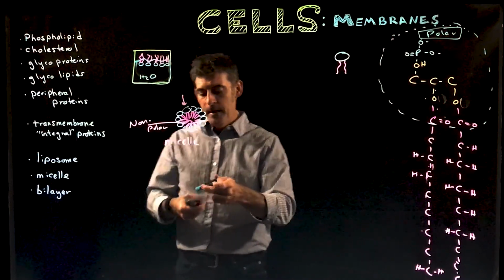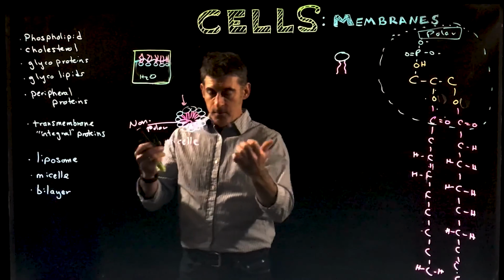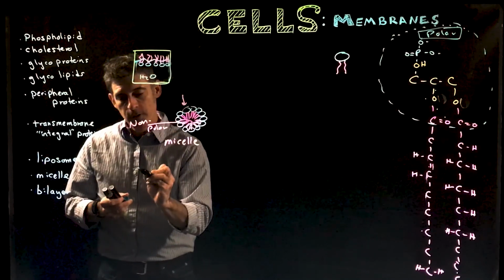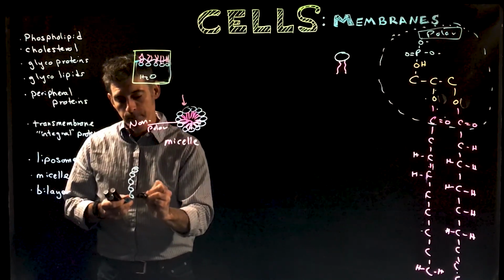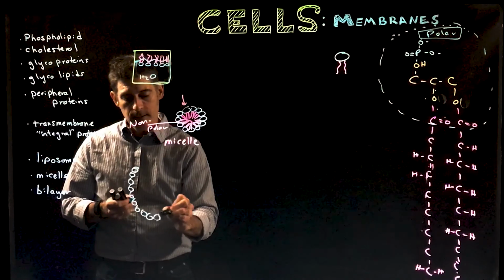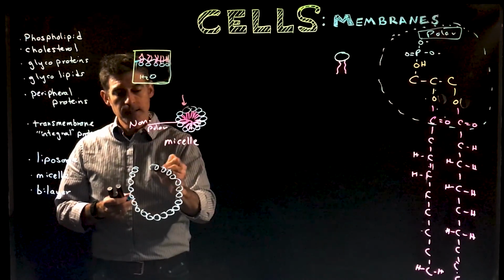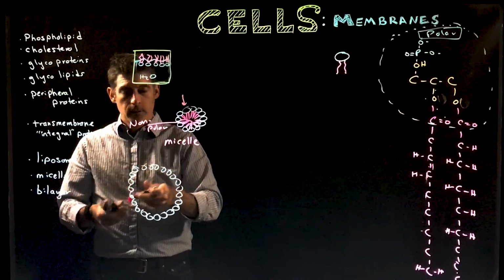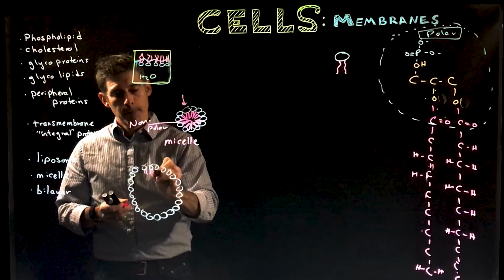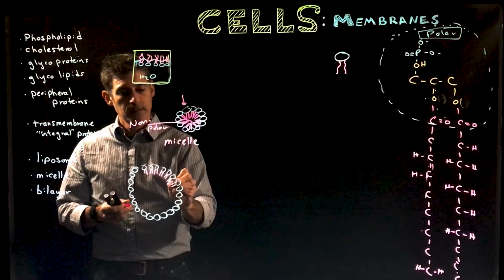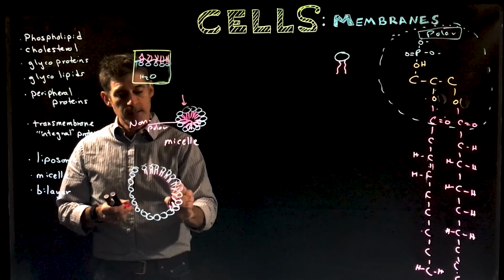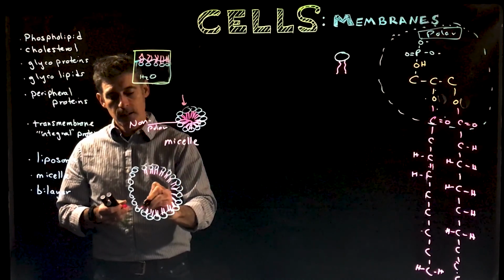Something else that will happen is that, shaking it up, we can get some larger structures to form. We could also get something like this, which looks sort of like the micelle, where we have the phospholipids, polar heads, nonpolar tails sticking inward like this.